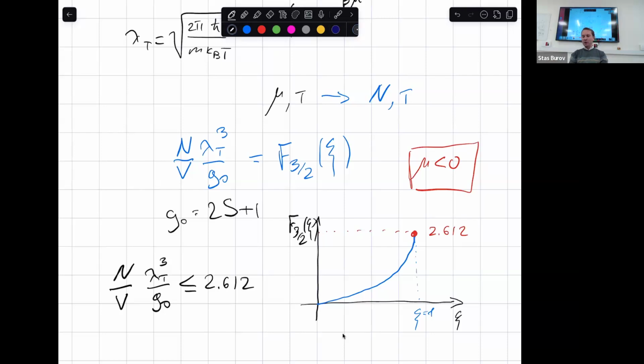Okay, so the question: why does mu have to be smaller than 0? Because we assume that our lowest energy starts from 0. Our energy spectrum of free particles inside the box started from 0 and rose up. How do we explain it? What went wrong? We assumed several things. One of the things we assumed is that maybe the spectrum is not exactly discrete.